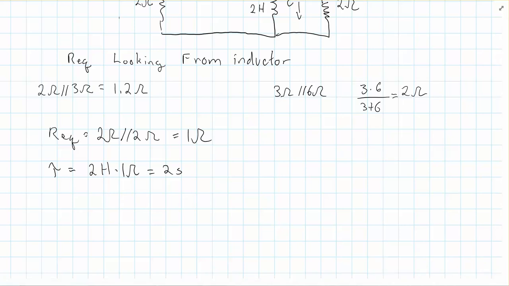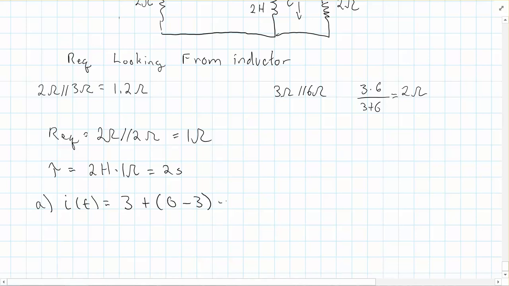So that means for part A that my current is equal to my final value plus my initial value, which is 0, minus my final value, times e to the negative t over tau, which tau in this case is just 2 seconds. And since it's seconds, I'm not going to bother writing the seconds down.